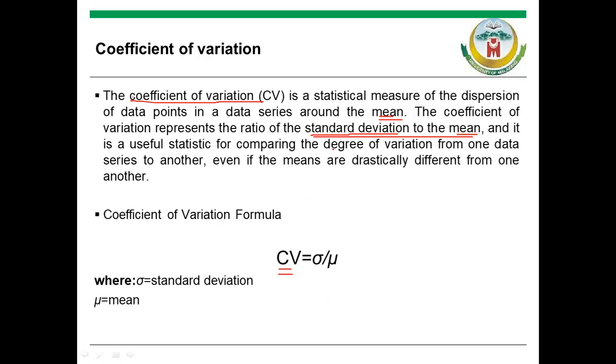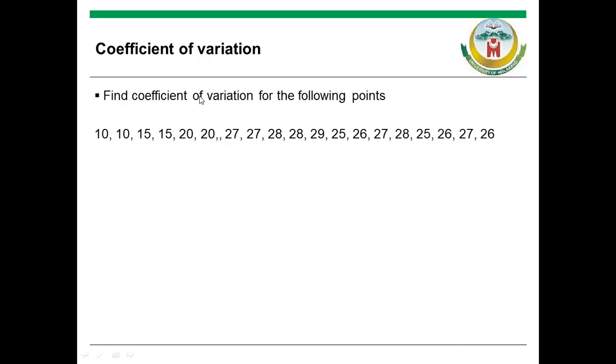Now coefficient of variance is, as we have said, the ratio between the standard deviation and mean. Okay, so sigma is standard deviation and mu is mean, and CV, our coefficient of variance, is the ratio of standard deviation divided by mean. Okay, so now these are different data points.